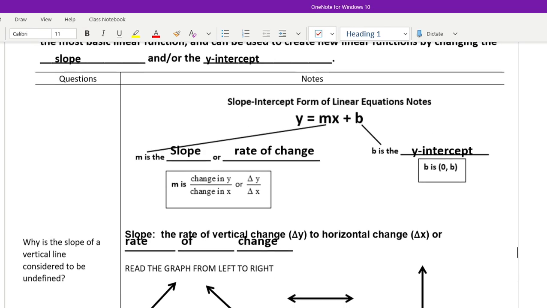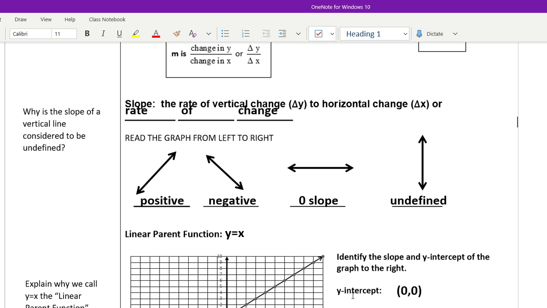When we are looking at a graph, we always want to read from the left side to the right side whenever we are looking at slope. This lets us know when we're going left to right, which is upward, it will be positive. When we go left to right and it goes downward, this will be negative.